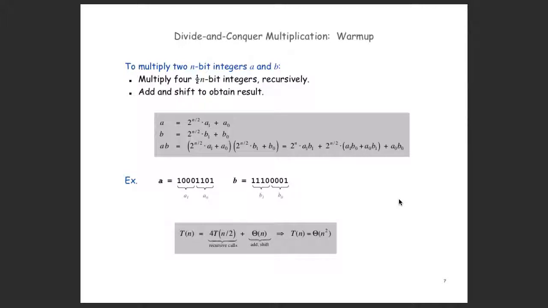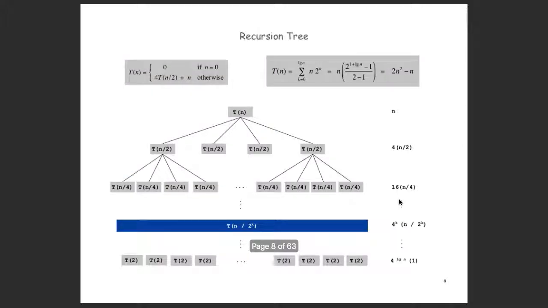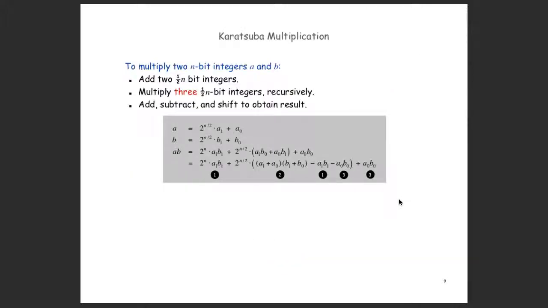And by the way, this is shifting, this is not really multiplying. That's bit shift. So we can do 4 recursive calls plus something of order n, which would still give us order of n squared.